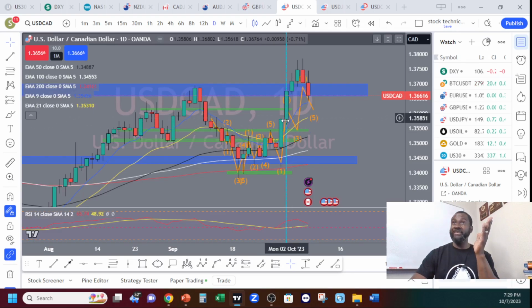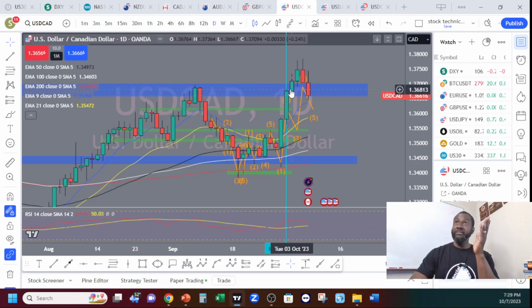If you are in the market, if it came back to test it here, that's what we thought was going to happen. We said, hey, if price came here, most likely price might come down to test this before going up. Price didn't do that. Price opened and went all the way up.